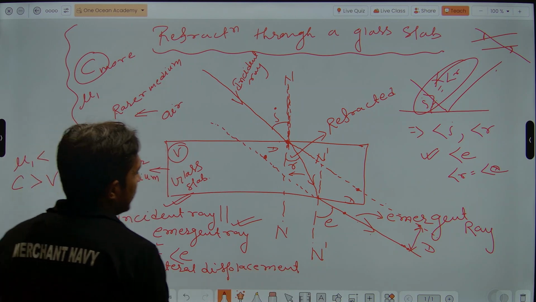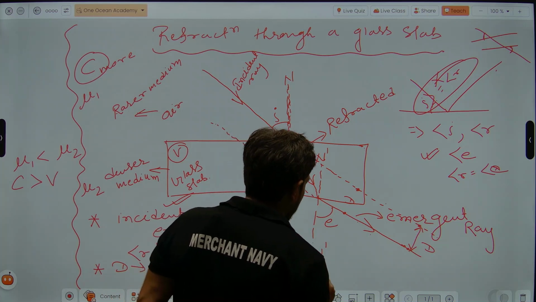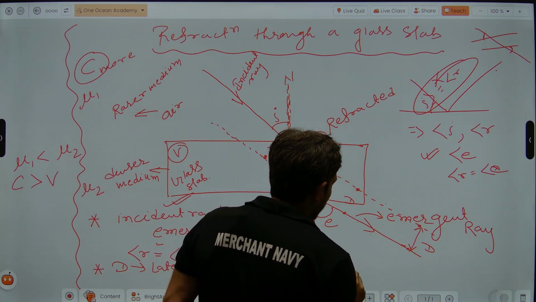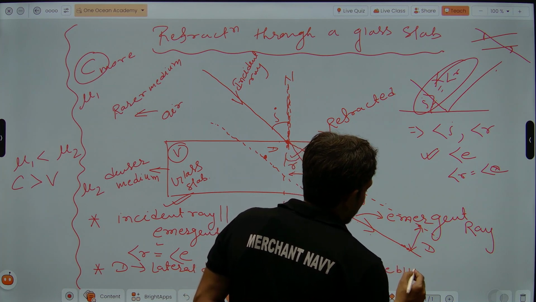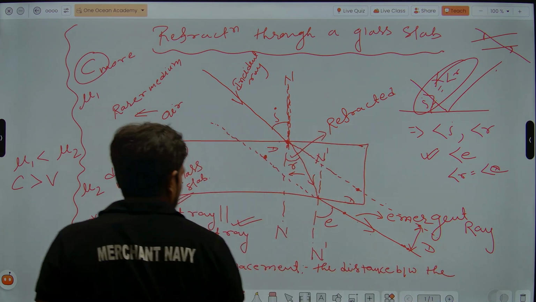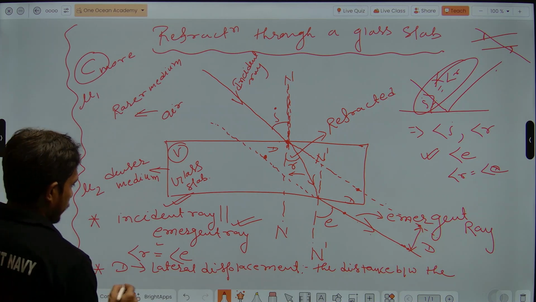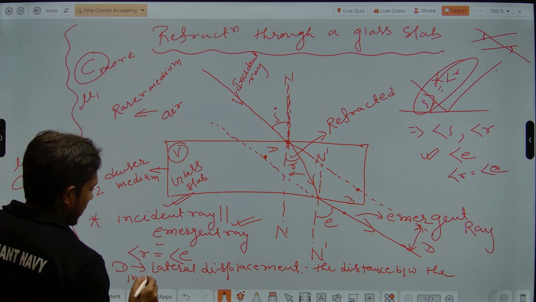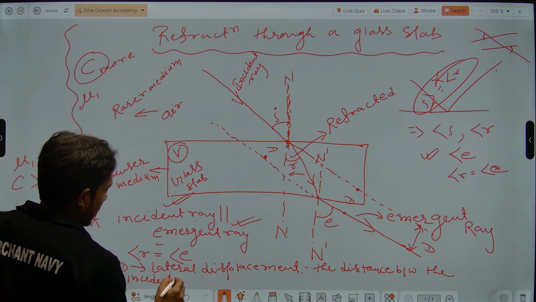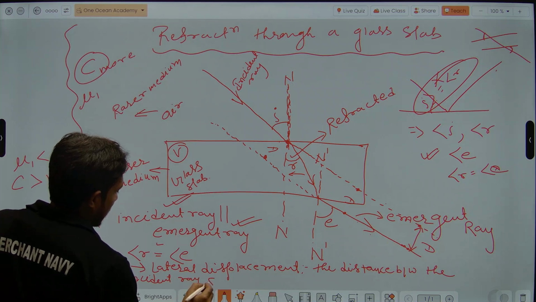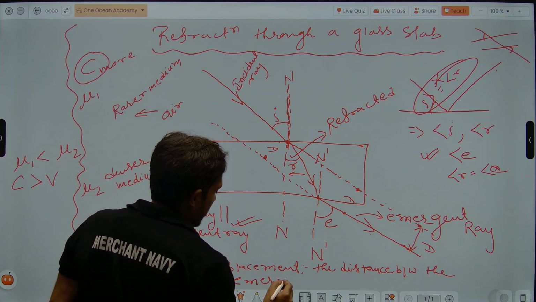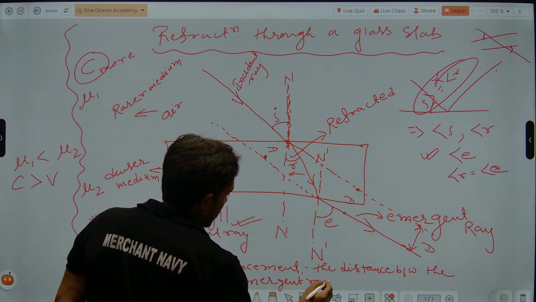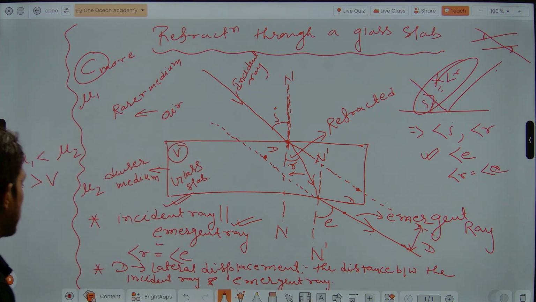Lateral displacement means the distance between the incident ray and emergent ray. That is clear?